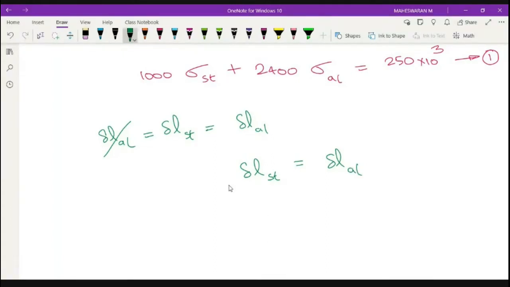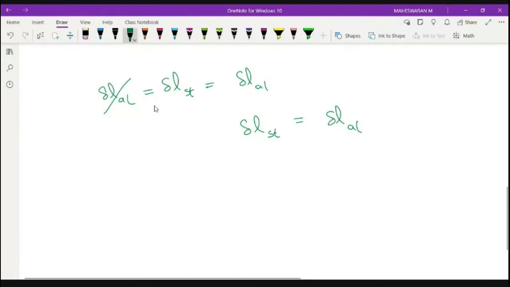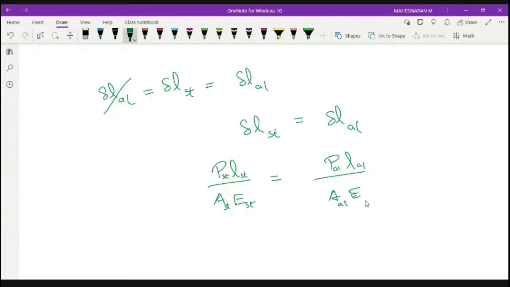Now you know the formula. So del L is P L by A E, for aluminum. And this 2 and this 2 I can combine.